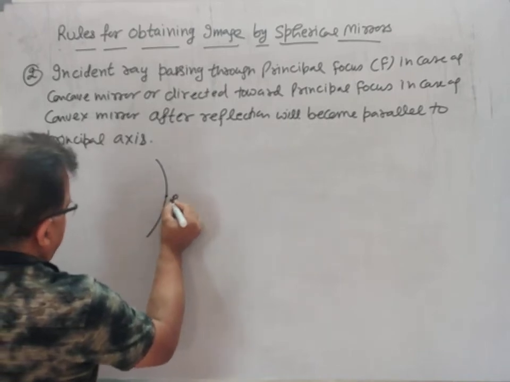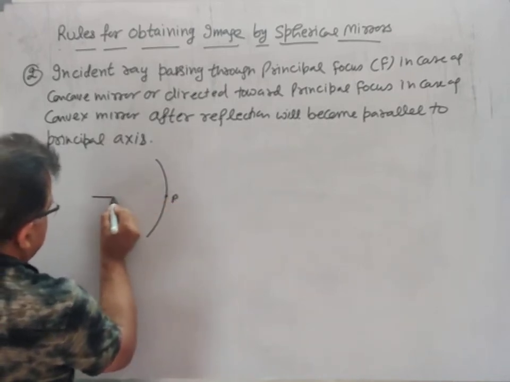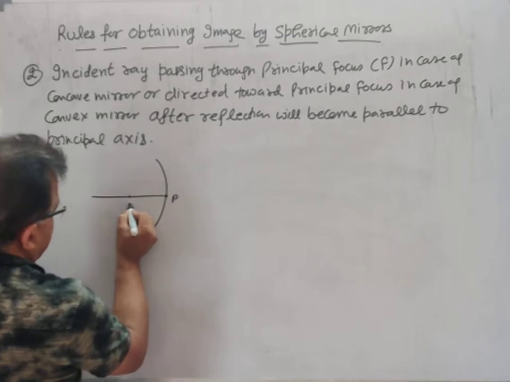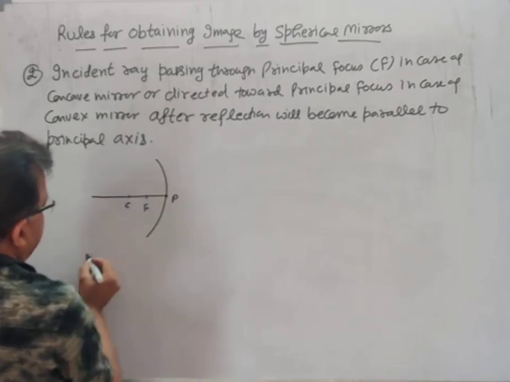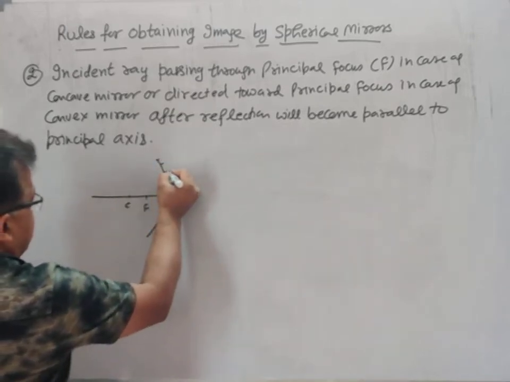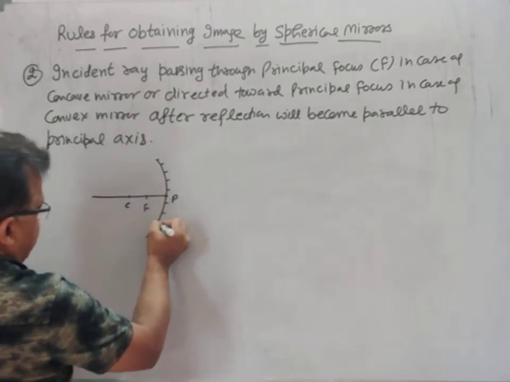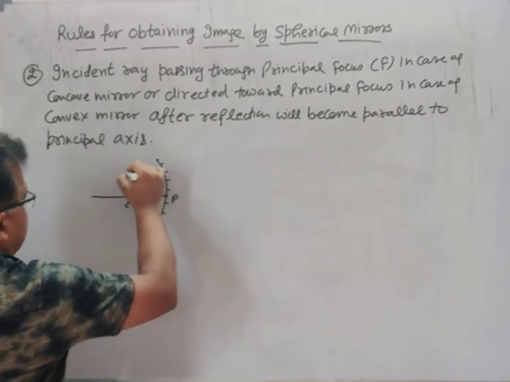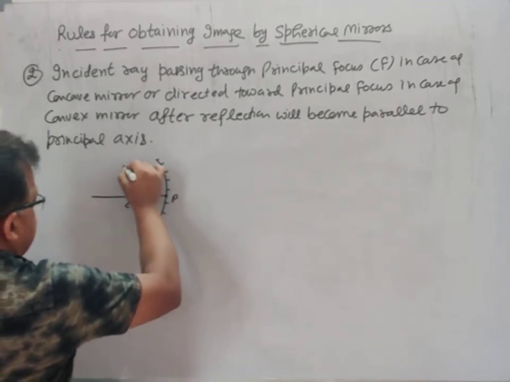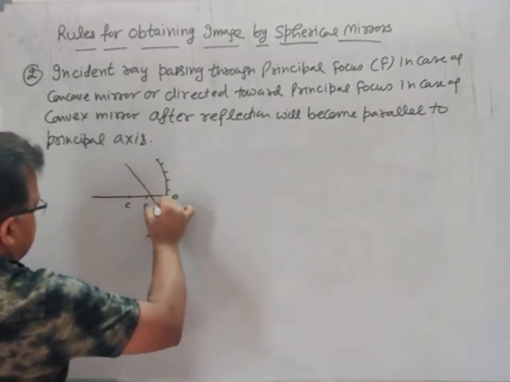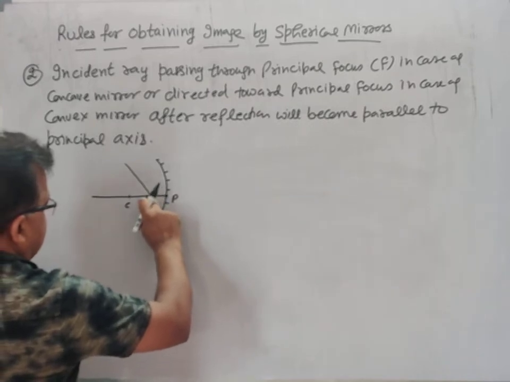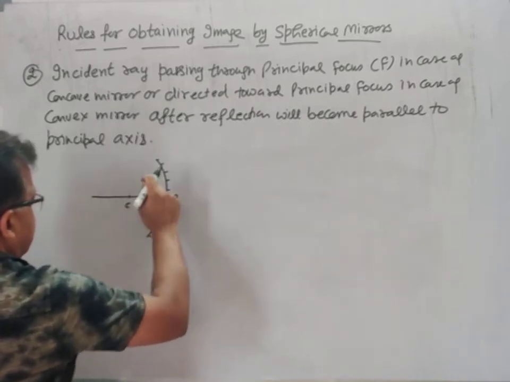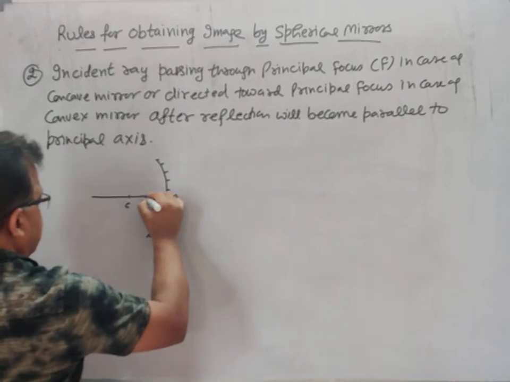Again, I am making the diagram quickly. This is C, this is F. Now this is polished surface. You will show it yourself in every diagram. Now if it is passing through F, the incident ray will pass through this point.